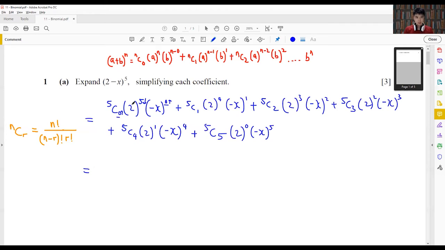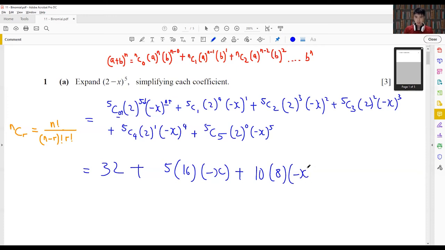5c0 is basically 1 times 2 to the power of 5, and this is also just 1. So 2 to the power of 5 is 32. Okay, plus 5c1, which is 5, 2 to the power of 4, which is 16, and this is just negative x, right? Plus 5c2 is 10, 2 to the power of 3 is 8, and negative x squared.